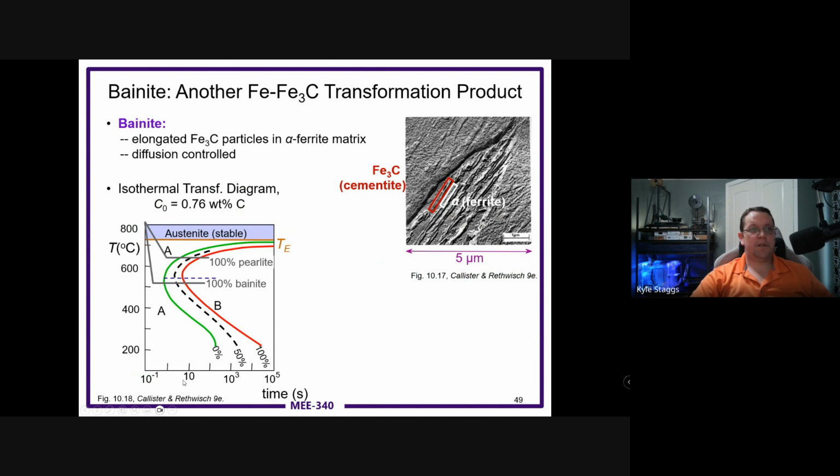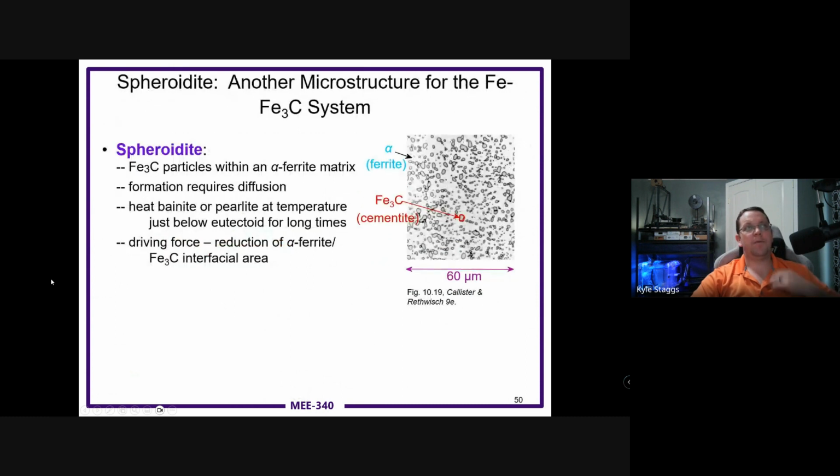So ultimately, it'll continue to drop lower and lower, and depending on what's happening with the curve, you get a couple other things. So spheroidite is important to understand. It's named because it looks like very small balls of cementite in a ferrite matrix. This is what we do mechanically in order to do a process called spheroidizing the steel in order to make it easier to machine.